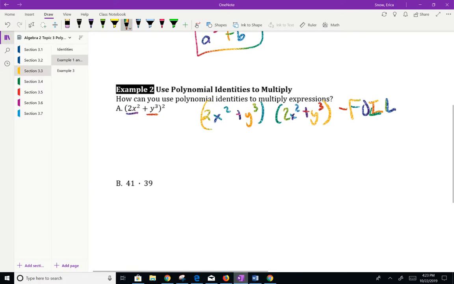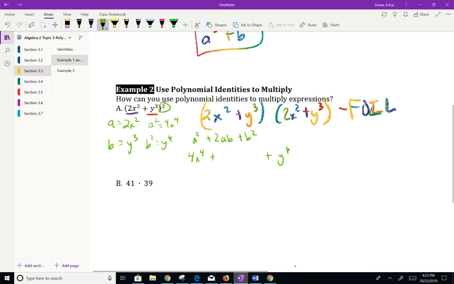Or you can use the identity, which says that if you're squaring something, your a term is 2x squared, your b term is y cubed, and our formula is a squared plus 2ab plus b squared. So a squared is 4x to the 4th, b squared is y to the 6th. So we get 4x to the 4th plus y to the 6th out here.